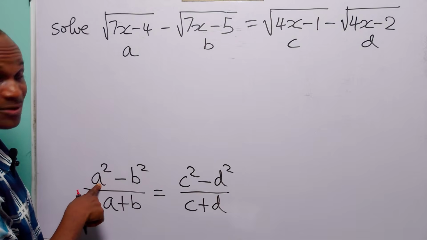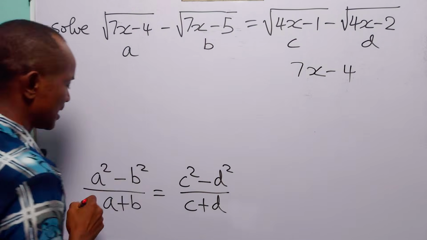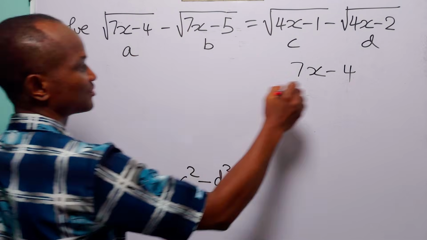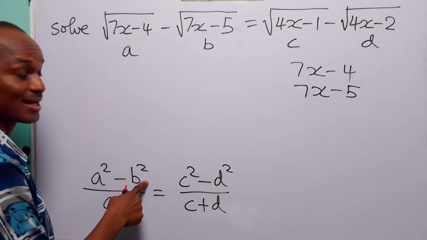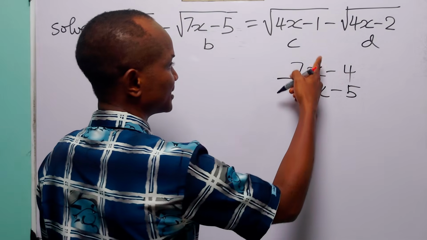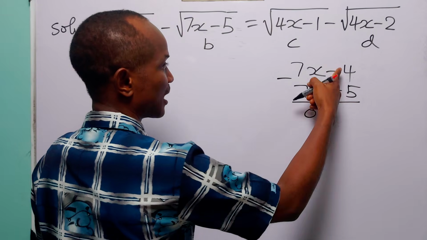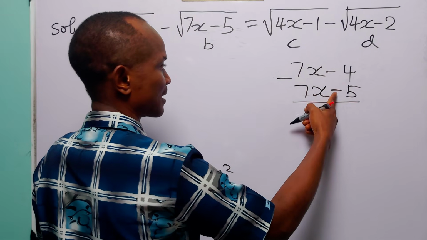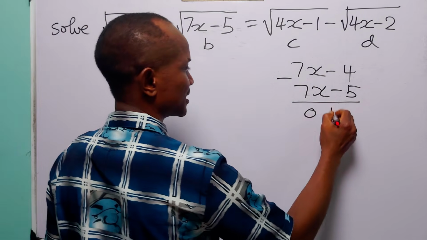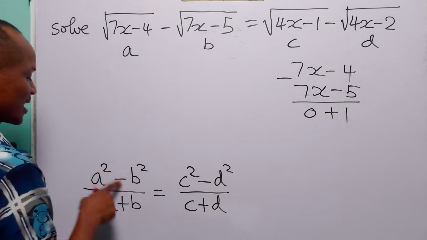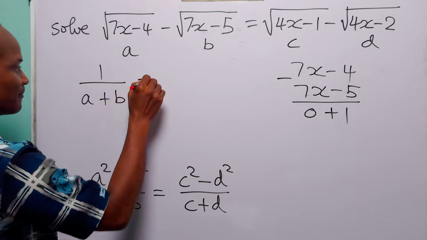Of course, you know that a squared is going to be 7x minus 4, and b squared is going to be 7x minus 5. Now, a squared minus b squared is 7x minus 7x, which of course is equal to 0. Then minus 4 minus 5, that is minus 4 plus 5, which is equal to 1. So here we have 1 over a plus b.